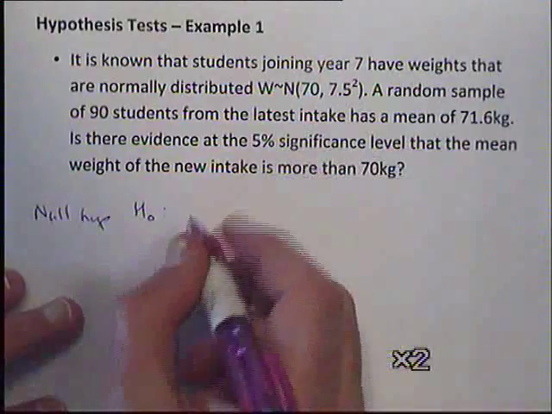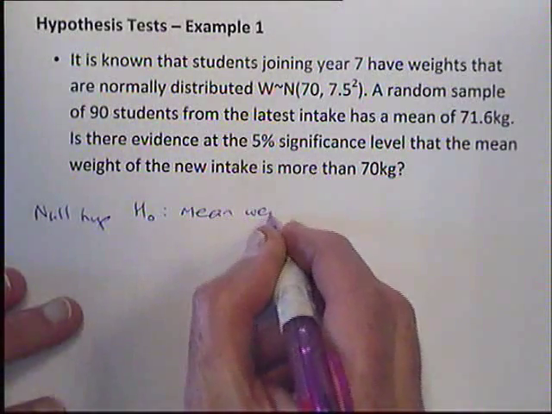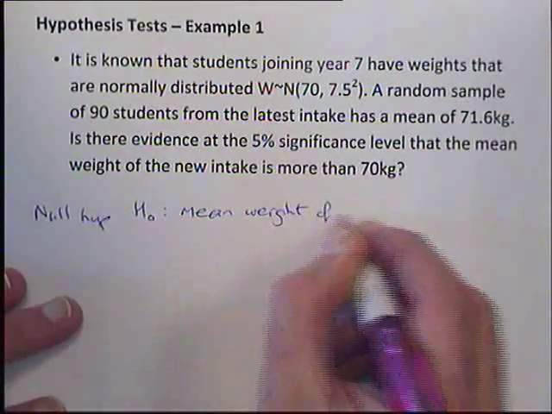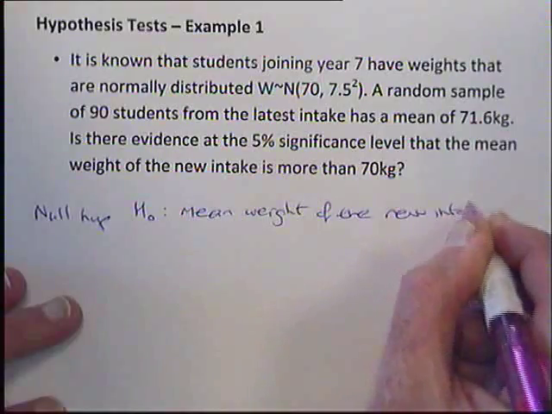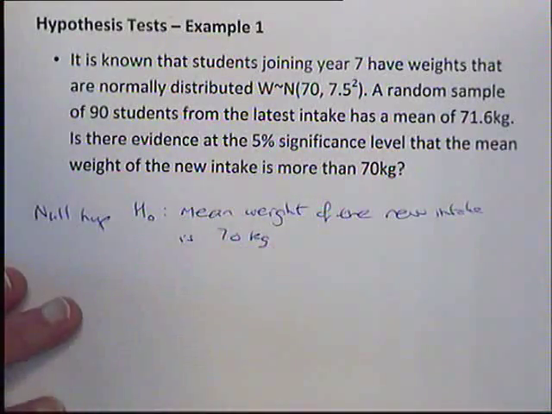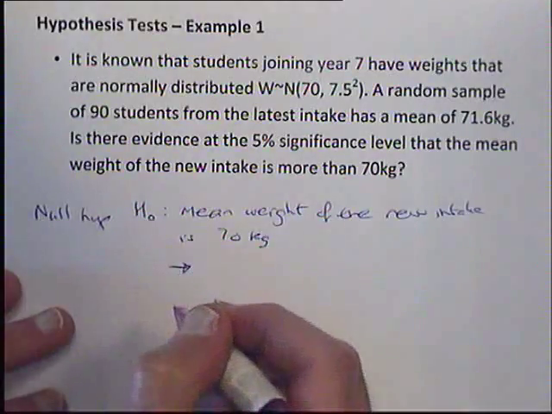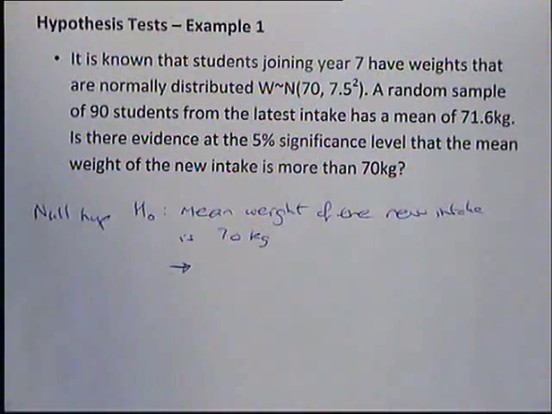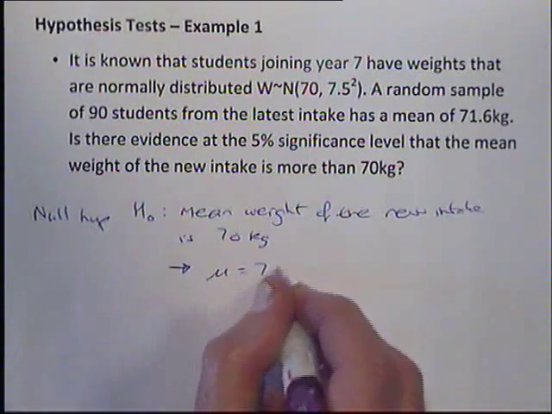So H naught will be that the mean weight of the new intake is 70 kilograms, because that's what it's always been. Nothing has changed. That's what it is in words. And in symbols, we would write down for the new intake, mu equals 70.